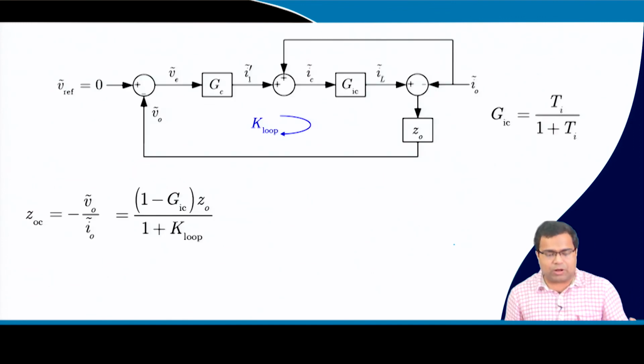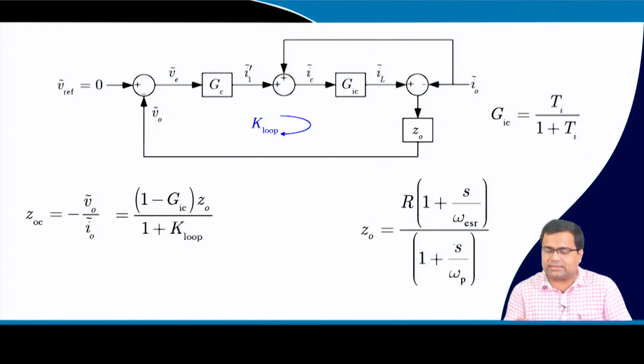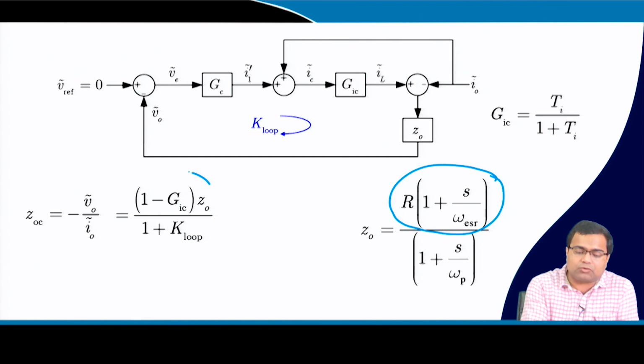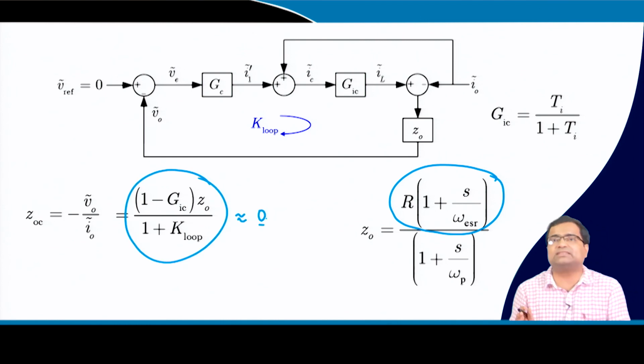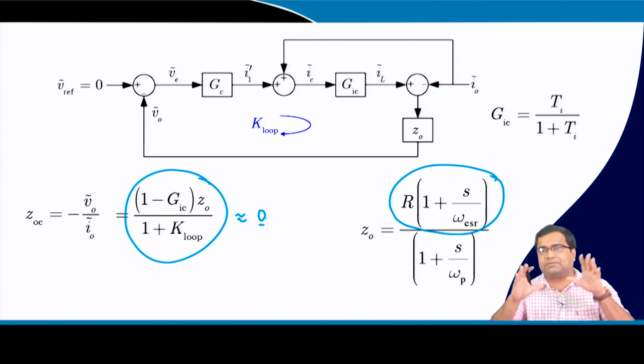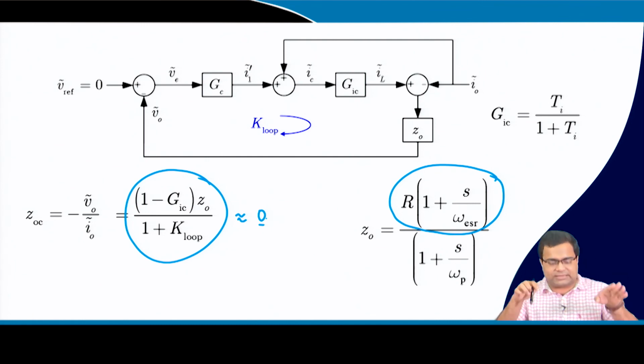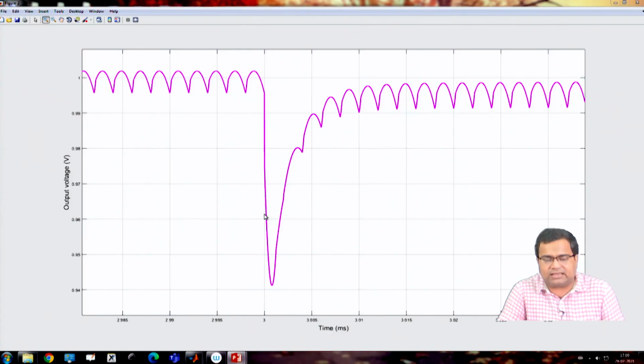So, that means the open loop output impedance is a function of load resistance, but now the closed loop output impedance virtually becomes close to 0. So, if there is a load step transient, the output voltage as if there is no change, and this is in average sense more or less correct.